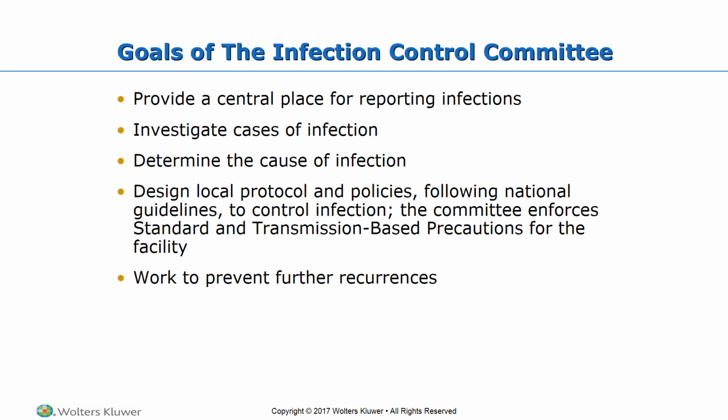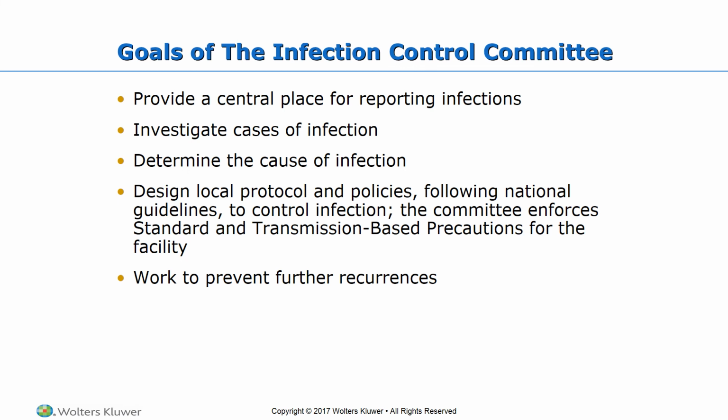Let's look first at the Infection Control Committee. It's a central place for reporting infections. Because in a facility or in a healthcare system, you may have multiple clinics, multiple buildings, houses, towers, depending on what type of facility it is.